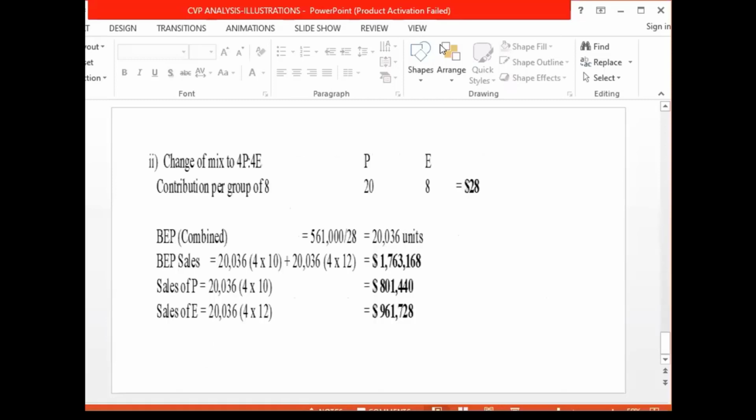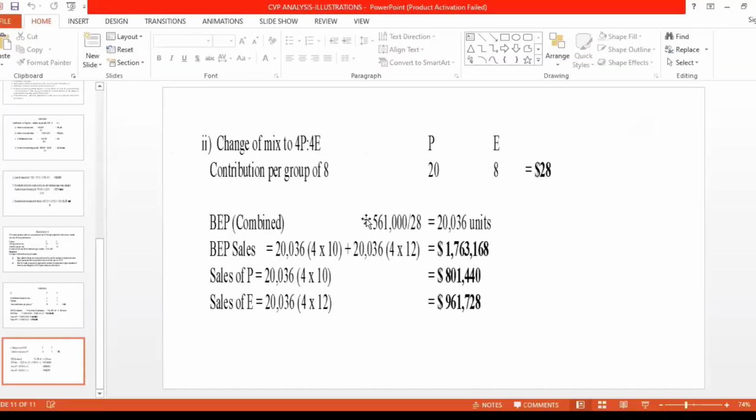Any question? So those are some of the illustrations I had prepared, and I said after this I'll give you some assignment, which will now crown the whole thing. The assignment I'm going to give you is assignment 3, and it has some components of variance analysis and sensitivity CVP analysis.